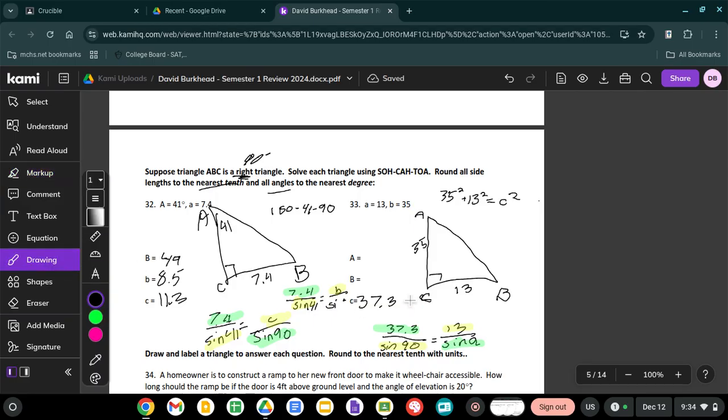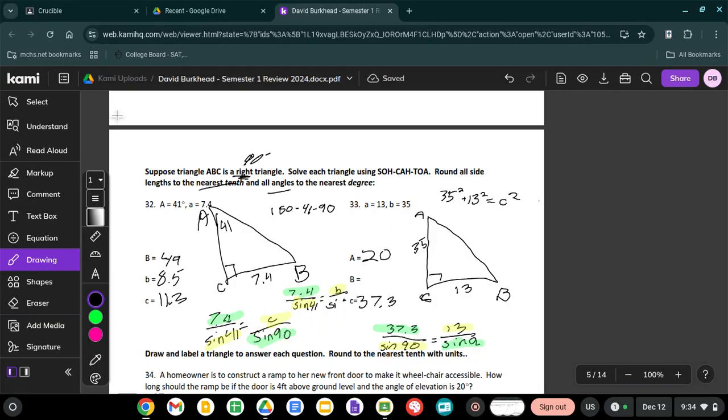Then you're going to do 13 sine 90, divide that by 37.3. Since we're trying to solve for the angle, you're going to have to do second sine, inverse sine, and that should get you your angle. If you round to the nearest degree, that's 20 degrees.